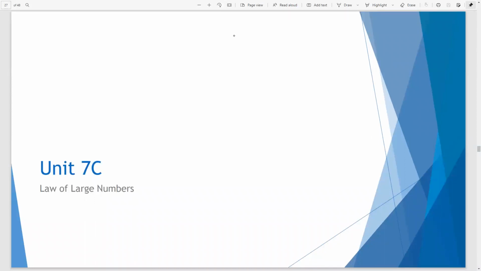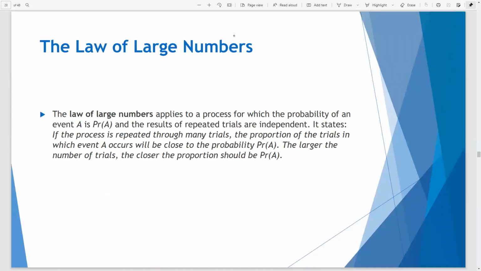We can see the definition of this phrase. The law of large numbers applies to a process for which the probability of an event A is P(A), and the results of repeated trials are independent.